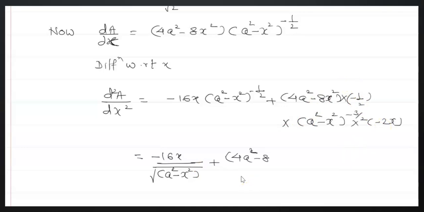That is 4a square minus 8x square into x upon a square minus x square raised to 3 by 2.